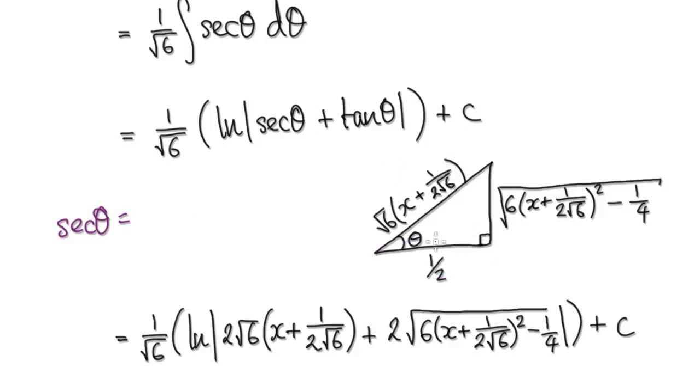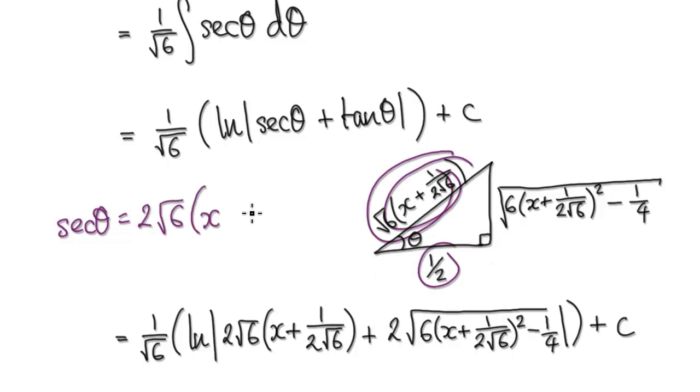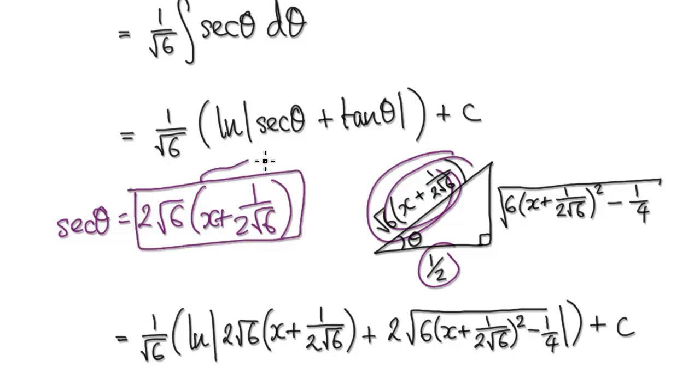So this thing divided by half is the same as this thing multiplied by 2. So that will then be 2 root 6, and then you've got your x plus 1 over 2 root 6. So now we can put this thing here into here. That will then give us this thing here.